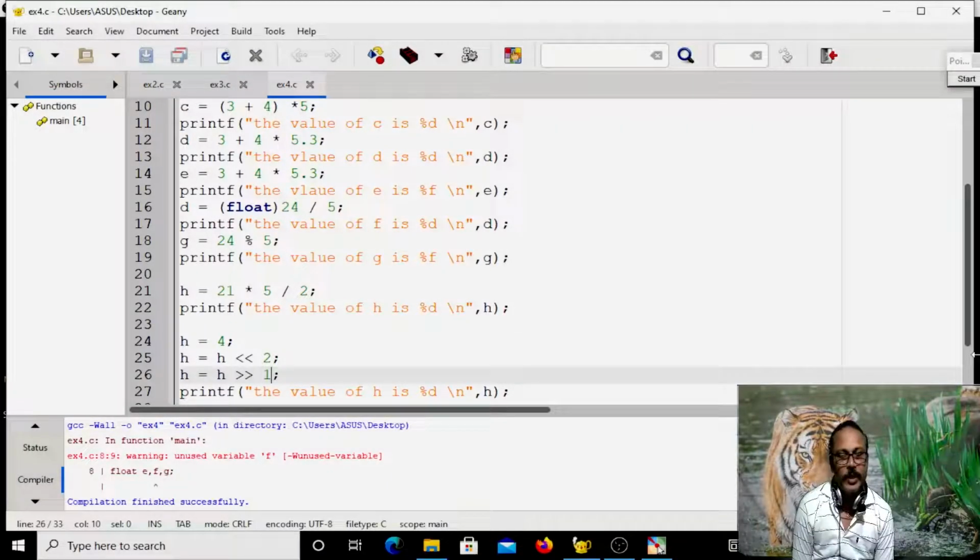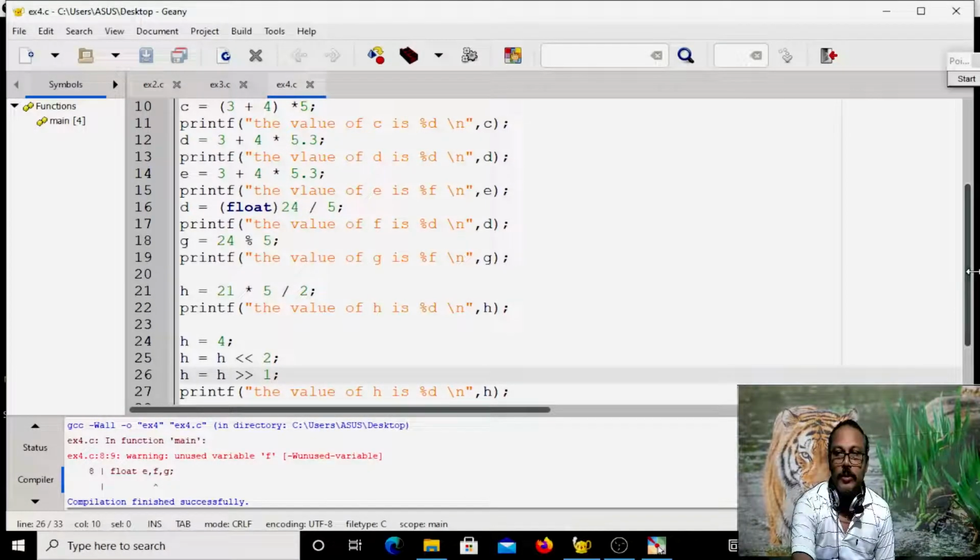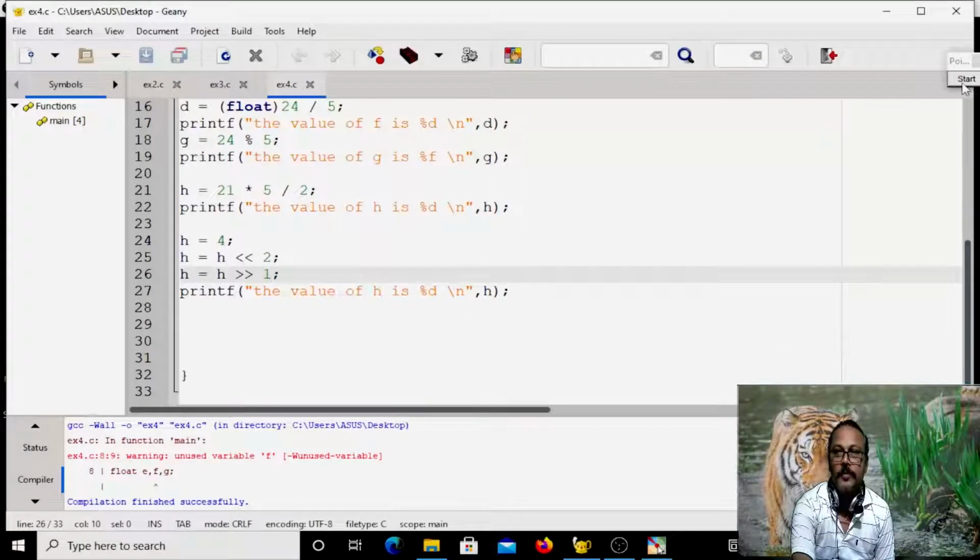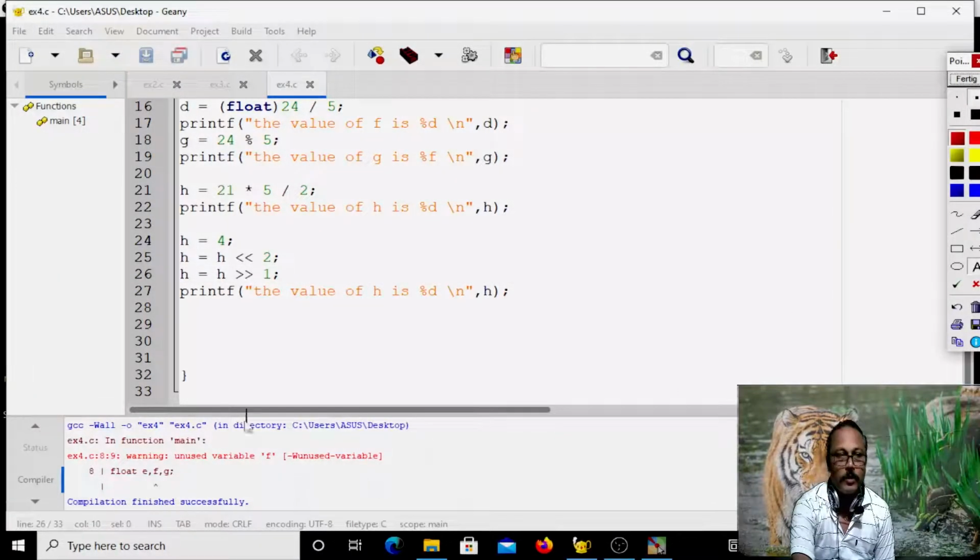So that is regarding the left shift and right shift operators. See, if this is the binary form of a number, then if you left shift by 1, what happens?